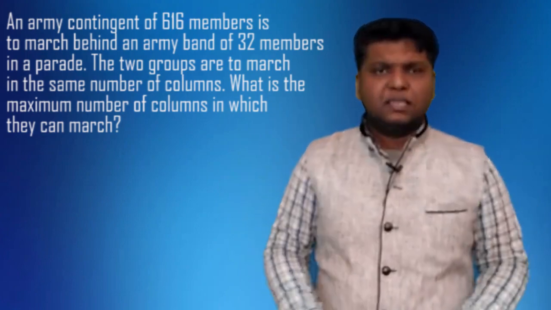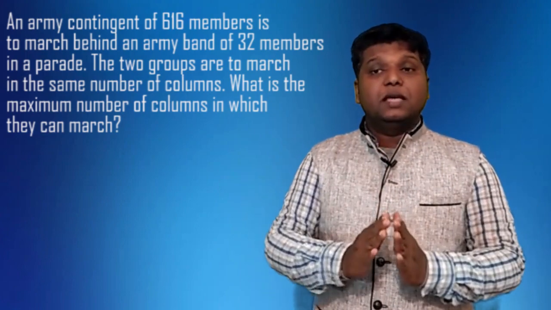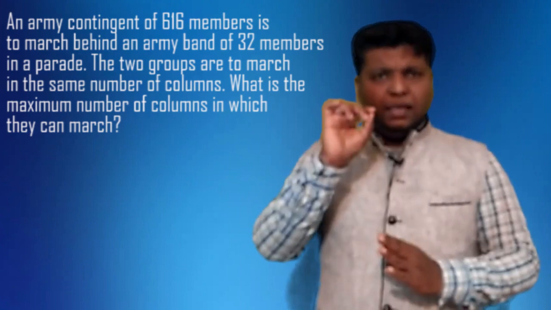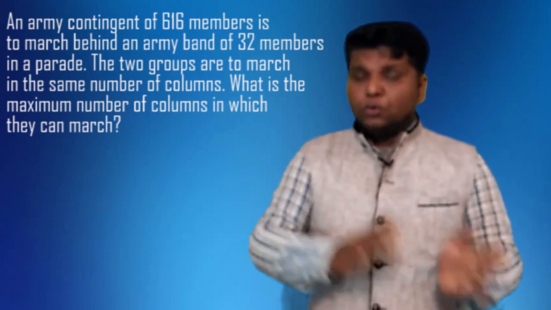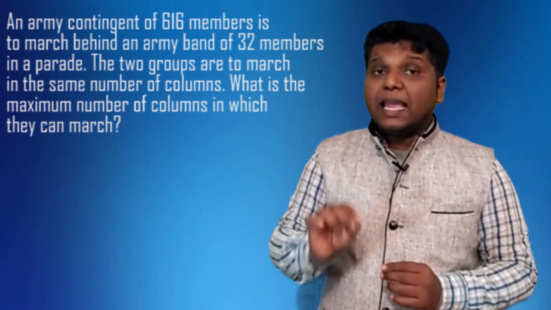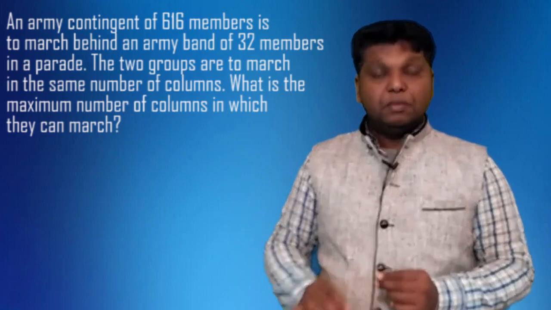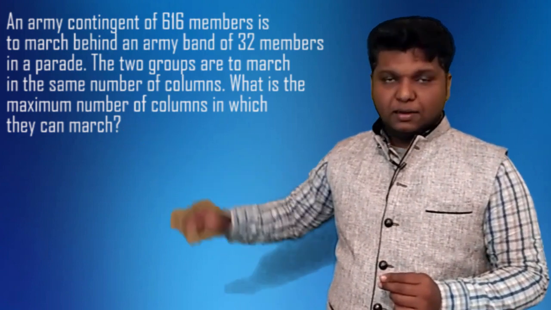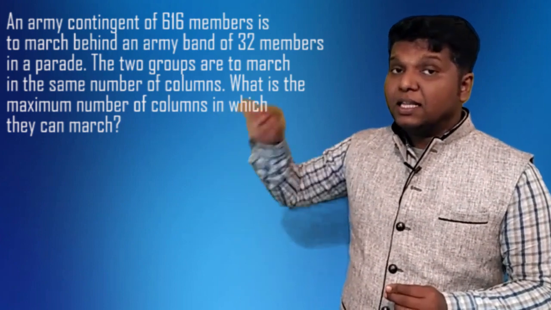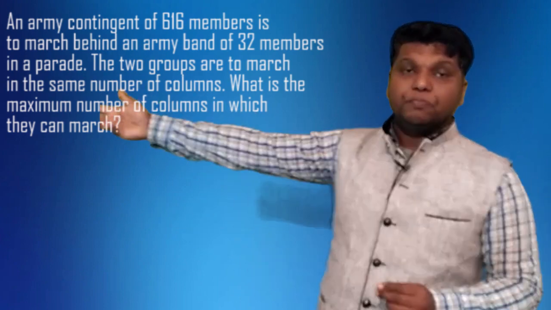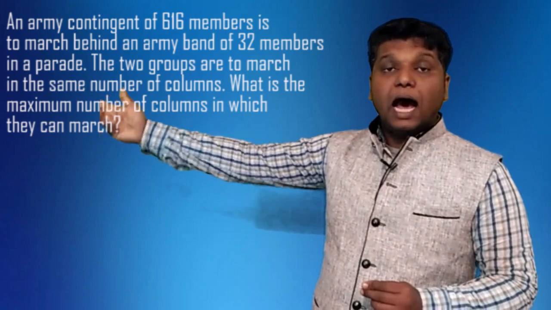Now what is the next sentence given? The two groups are to march in the same number of columns. That means the number of columns in the army contingent should be the same as the number of columns in the army band.